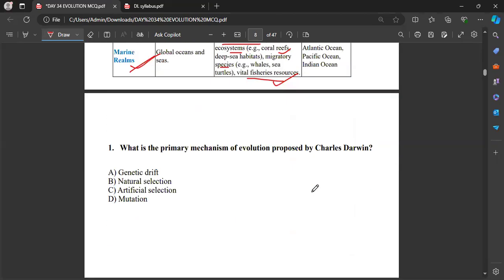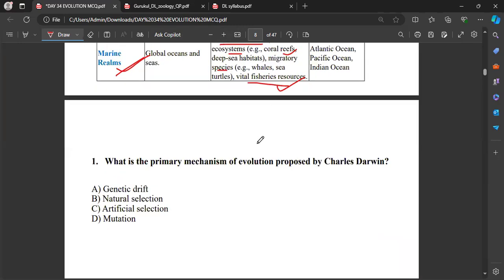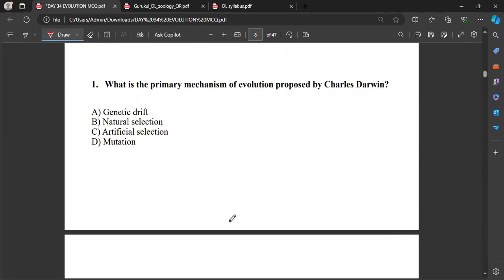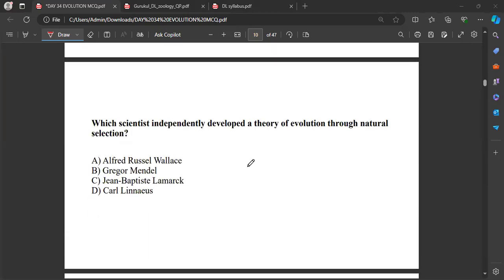What is the primary mechanism of evolution proposed by Charles Darwin? That will obviously be natural selection.